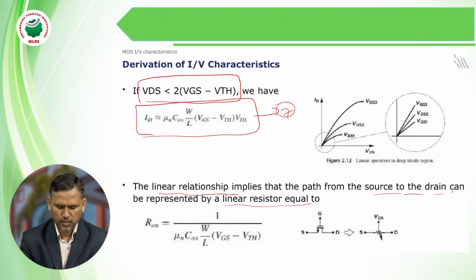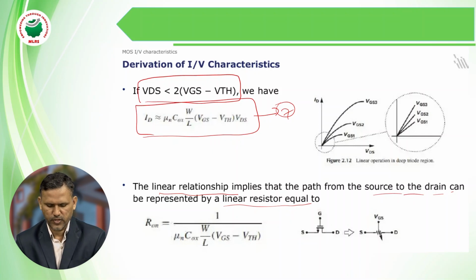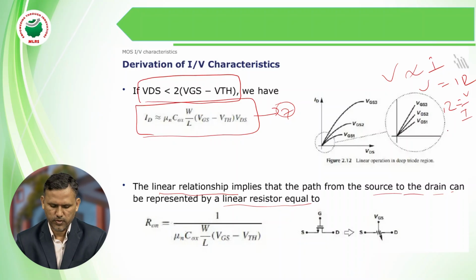So from this current, we can observe the relationship between current, voltage and resistance. Generally, I is directly proportional to V, V is directly proportional to I. V equal to I into R. From this, R equal to V by I. According to this, you can represent I as nothing but ID.